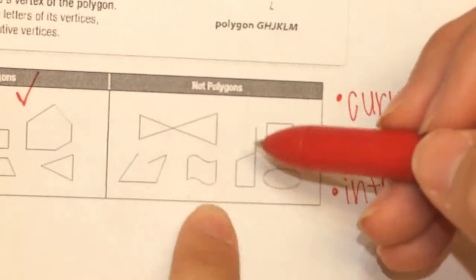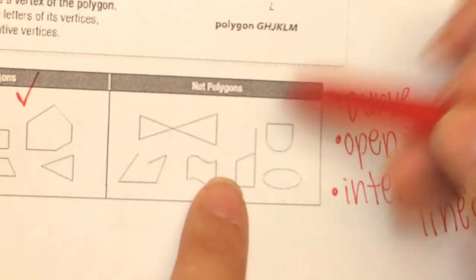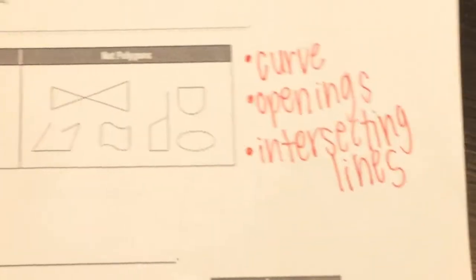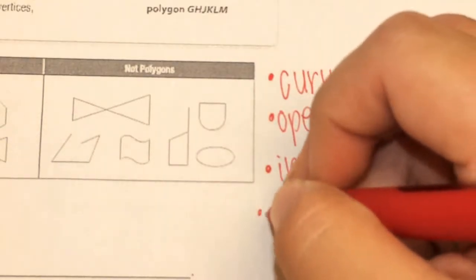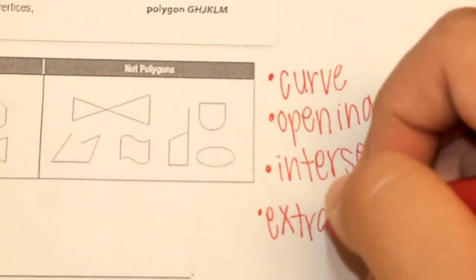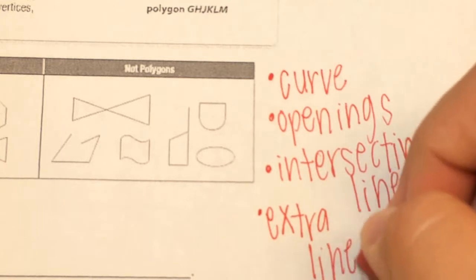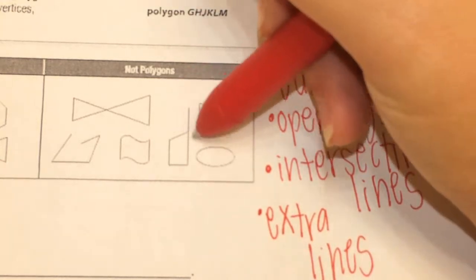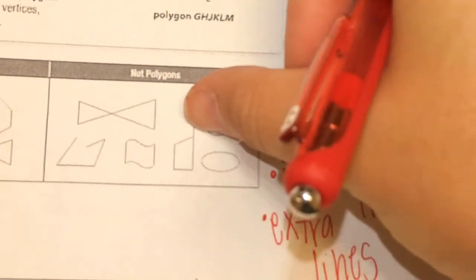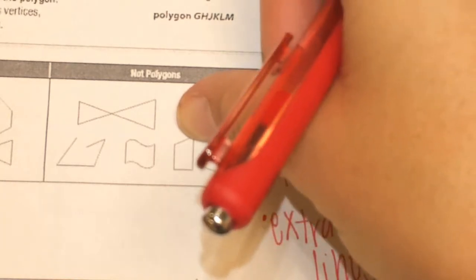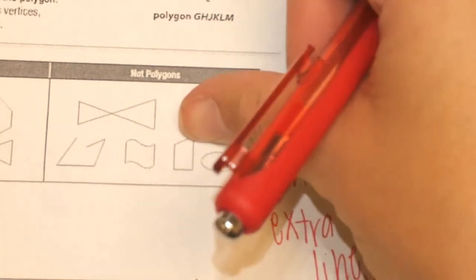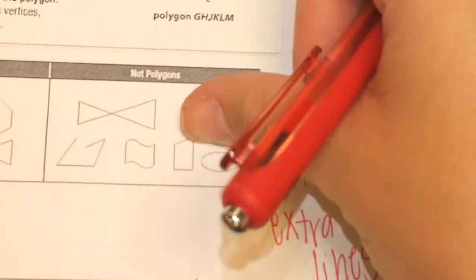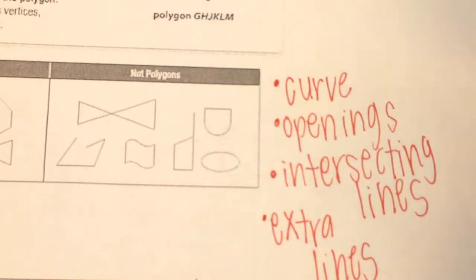And you see this extra line right here? You can't have extra lines either. So you could put no extra lines. Now if I cut this piece off and it was just that, it would be a quadrilateral. How did I know it's a quadrilateral? How many sides? 4 sides makes a quadrilateral. Good.